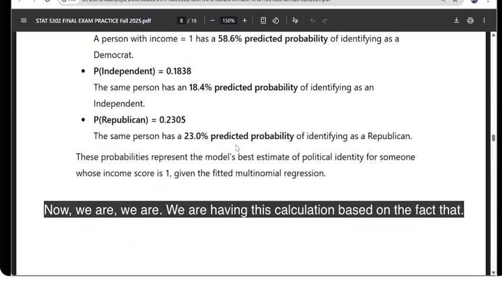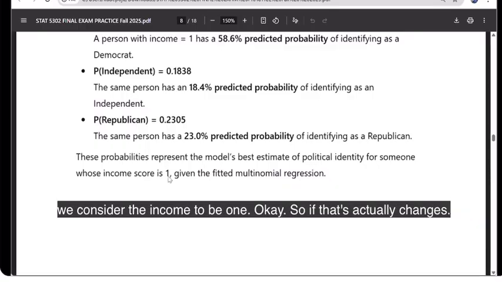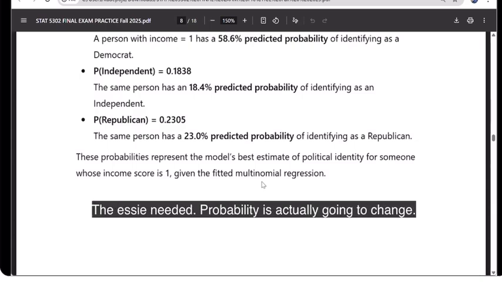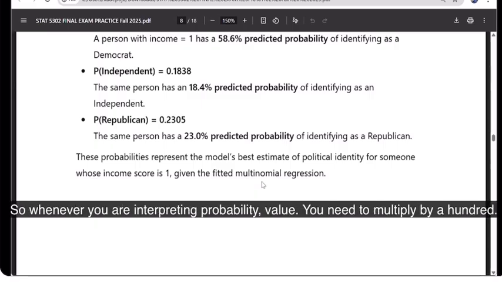Now, we are having this calculation based on the fact that we consider the income to be one. So if that changes, of course, there's a possibility the estimated probability is going to change. So whenever you are interpreting a probability value, you need to multiply by 100.